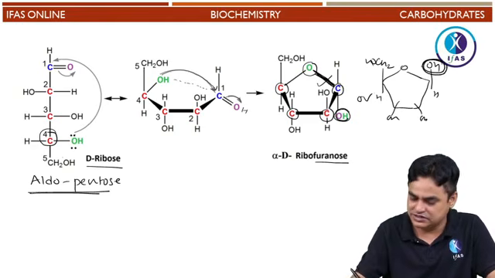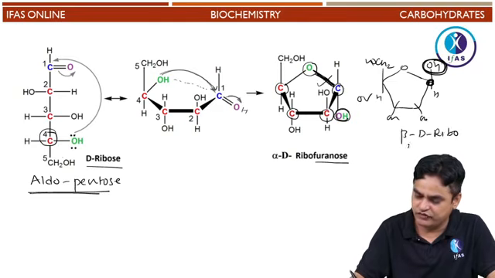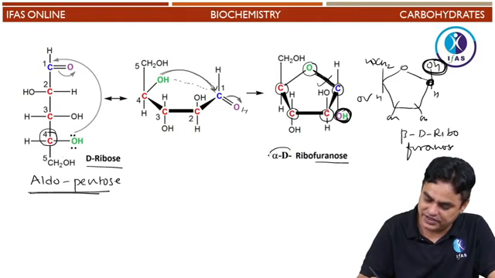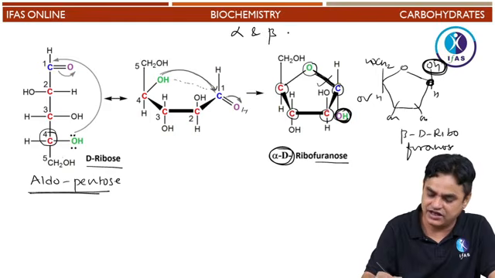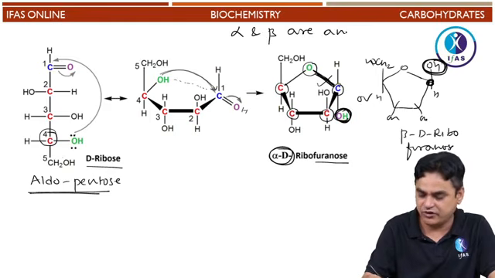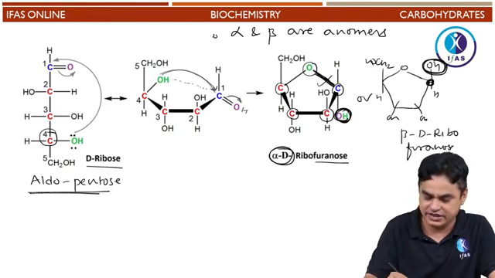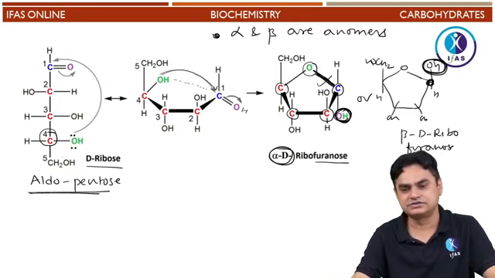If OH group is above the plane at anomeric carbon, this would be referred to as beta D ribofuranose. And if OH group is down the plane, it is referred to as alpha D ribofuranose. So alpha and beta are anomers.